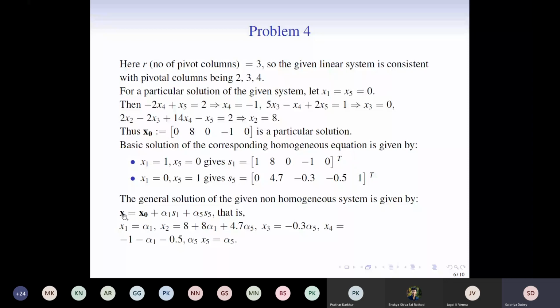We get that x1 is equal to alpha 1, because in x0 the first term is 0, plus alpha 1 times s1, which is just alpha 1, plus alpha 5 times s5 which will just give me 0. So x1 is just equal to alpha 1, and similarly we can solve for the remaining xi's also. So that gives us all the values. I hope it is clear now.